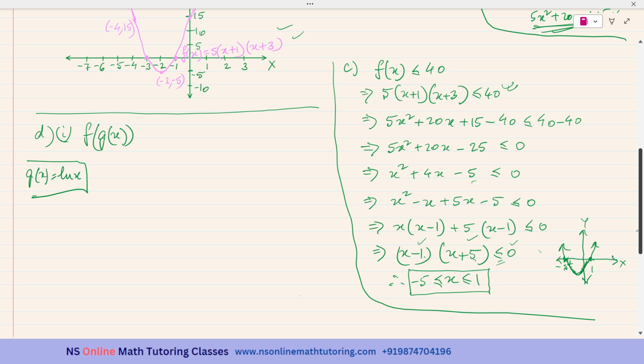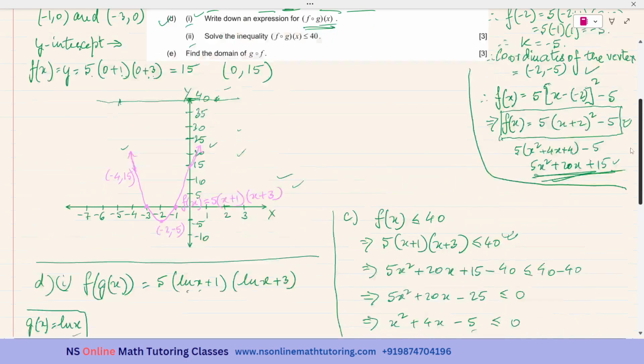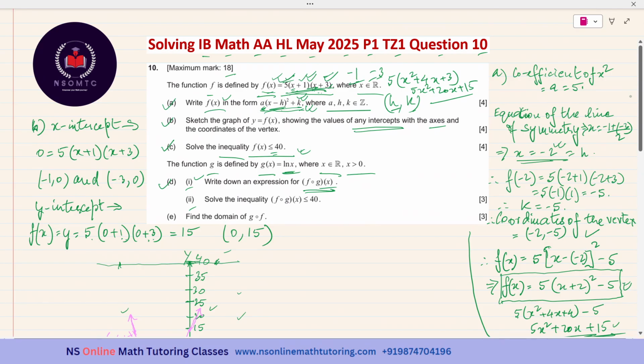So wherever we have x in the f of x expression, we will be substituting the g of x expression, that is ln of x. So this will be equal to 5 times, in place of x, I am writing ln of x plus 1 and ln of x plus 3. Okay, let me see how many marks this subpart carries. Both the subparts taken together give us 3 marks.